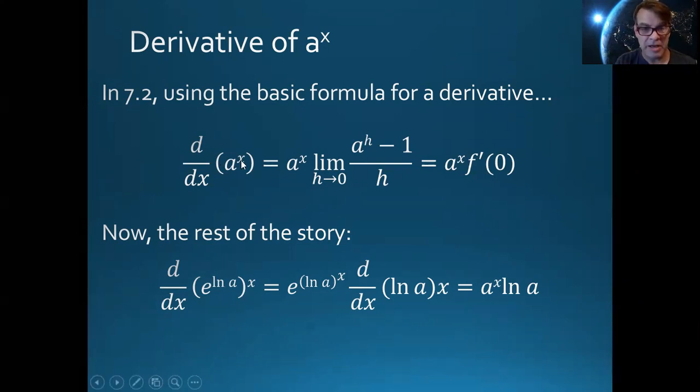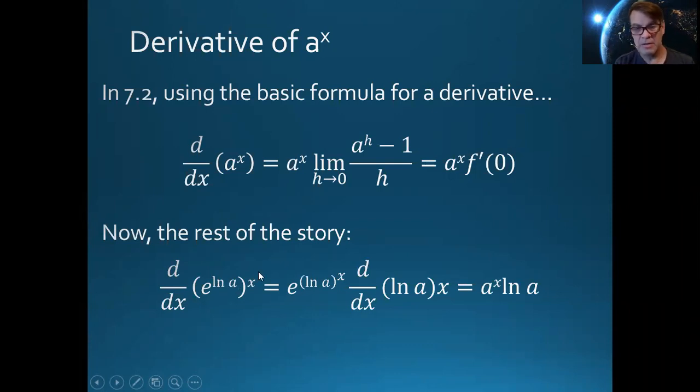So I can take a to the x, and I can take e to the natural log of a to the x. Okay? And this is the same thing as a to the x. So by the rules of taking derivatives of powers, this is going to pull out of the front, just like a to the x pulled out of the front.